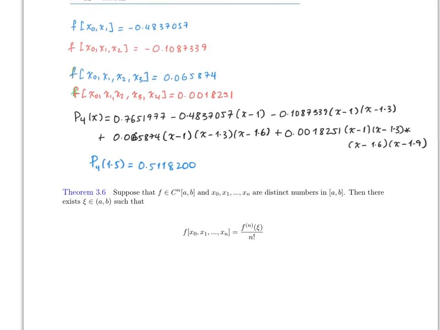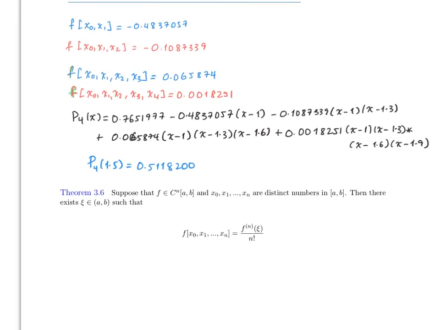Now, just a side note for theorem 3.6: if we have a function that has n derivatives and x0 to xn are distinct numbers, then there exists a c such that the n-th divided difference is equal to the n-th derivative of the function evaluated at c divided by n factorial.